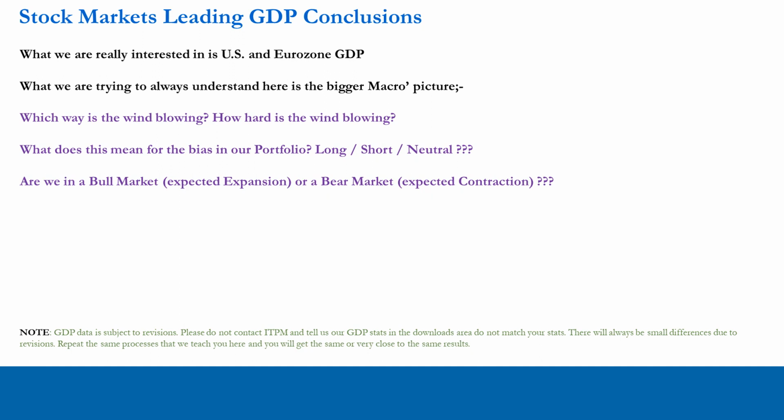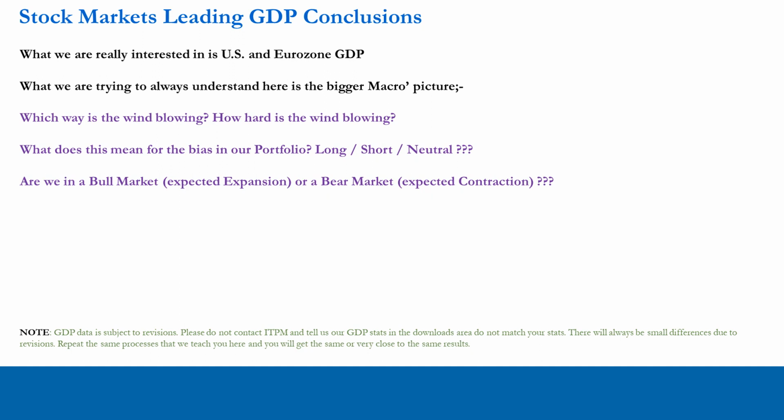We also ask ourselves the general question that we learned in the previous video series. Are we in a bull market? Are we expecting expansion? Or are we in a bear market? Are we expecting contraction? So these are the reasons, guys, why we look at stock markets as a leading indicator to GDP and company earnings.